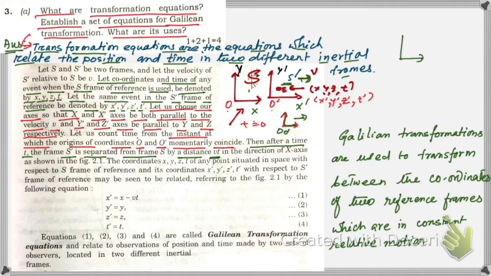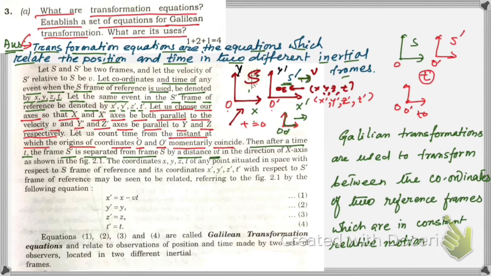So this is the frame S, and after a time t, this S dash is in this position with the origin O dash and here the origin O. When t is equal to 0, the origins of these two coincide, right?